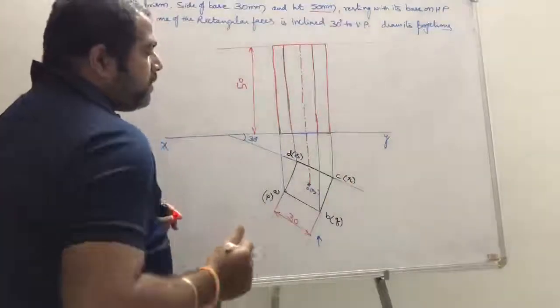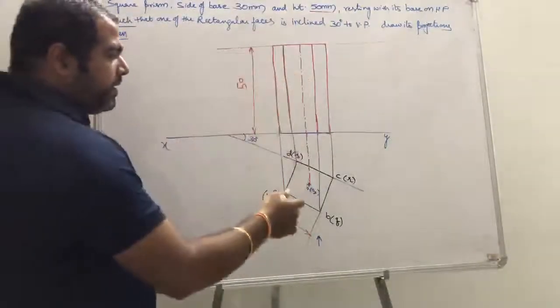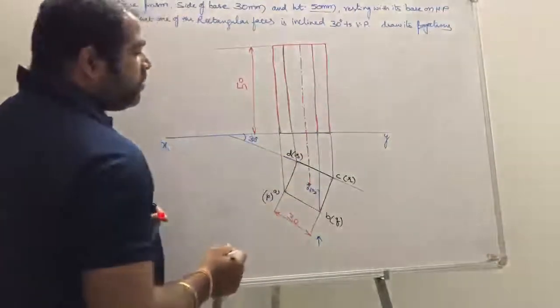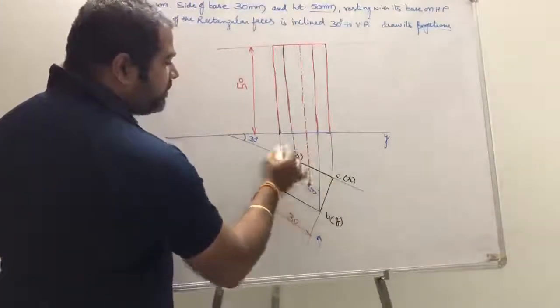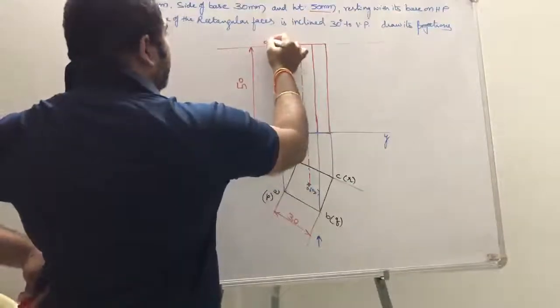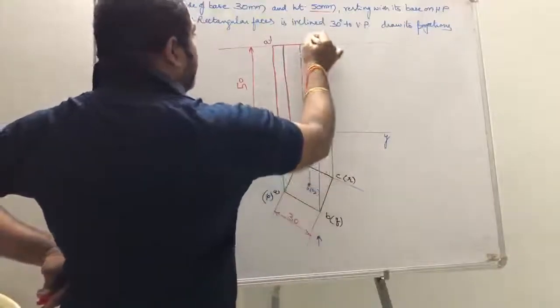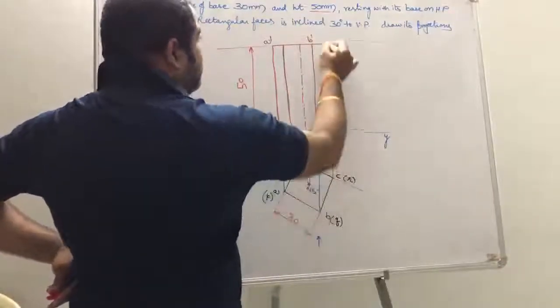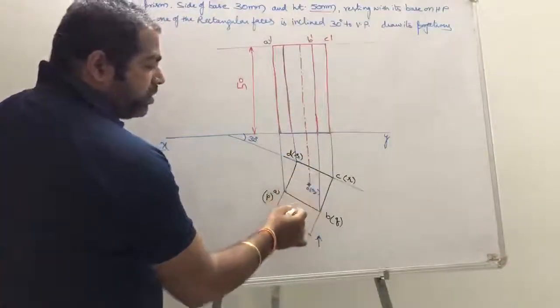When you see from the front, A, B, C, D are the top points. Let us see which points are visible. A, B, C are visible and D is invisible. So this becomes A dash, B dash, C dash, and the D point is invisible.